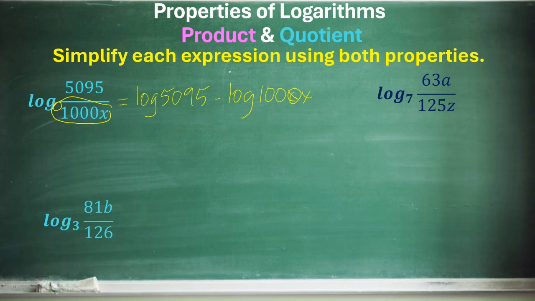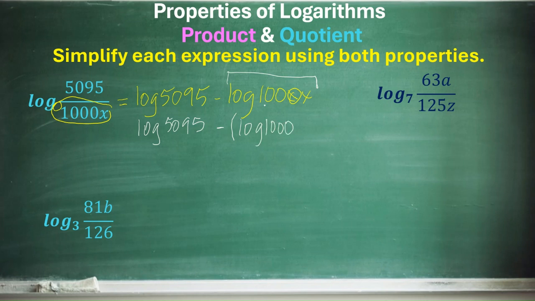So now I want to go ahead and break this apart because whenever I'm trying to simplify logarithms, and there's variables, I want to get the variables on their own. So I'm going to keep this log of 5,095, and I'm going to subtract from that, with parentheses here because I'm subtracting this whole thing, the log of 1,000.